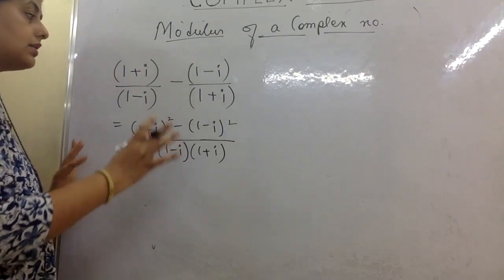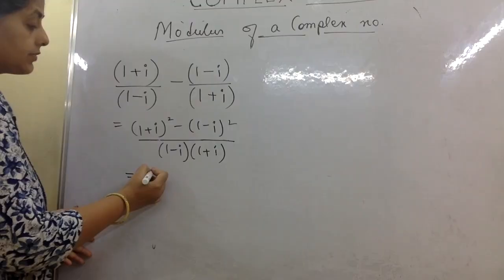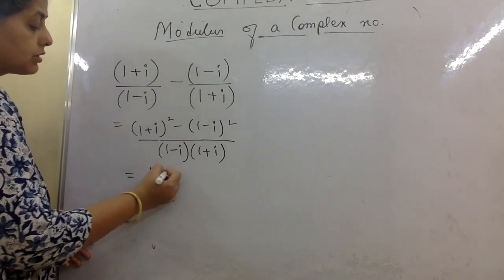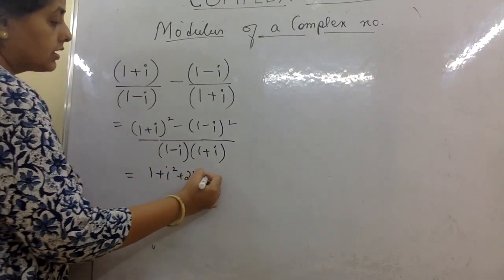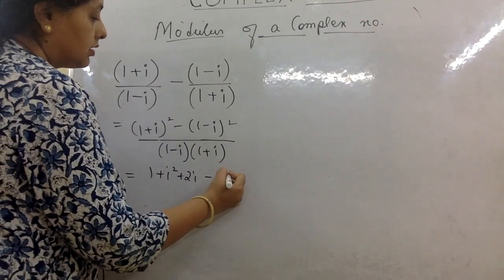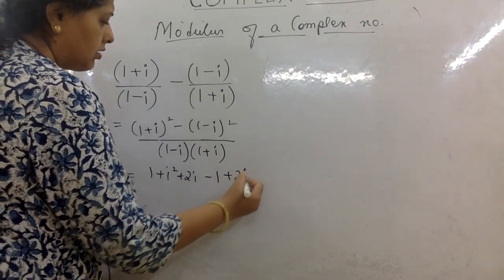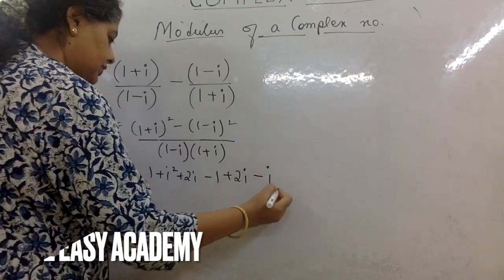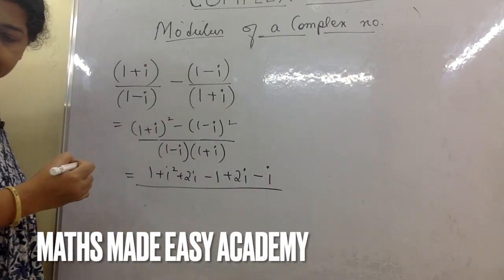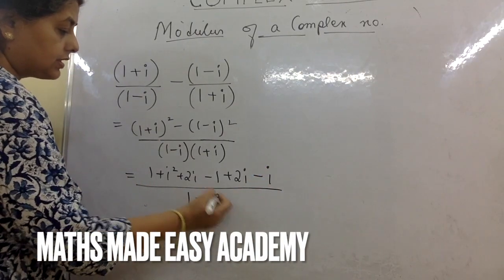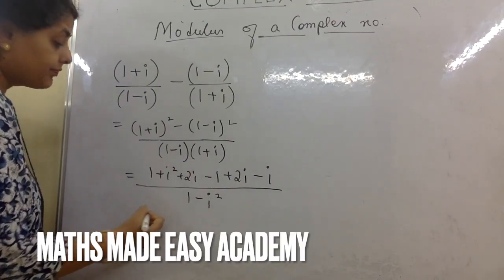I am just treating it like an LCM addition. That is 1 plus i square plus 2i minus 1 plus 2i minus i square, and the denominator is 1 minus i square. This is a plus b, a minus b.